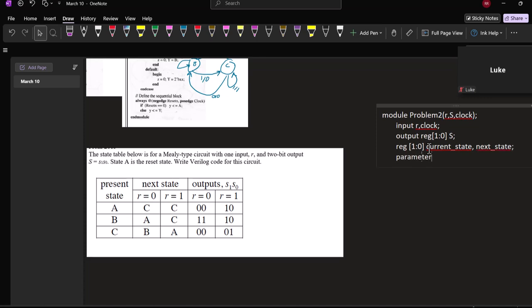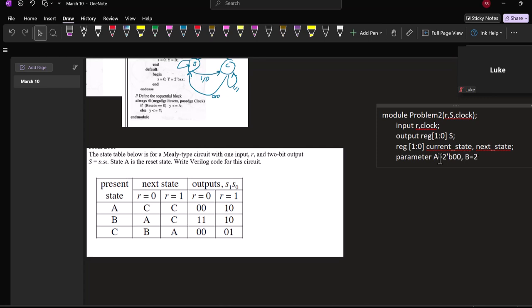and then I'll have parameter A equals 2'b00. This is arbitrary. You can define it however you want.